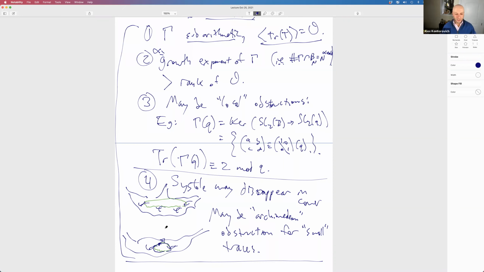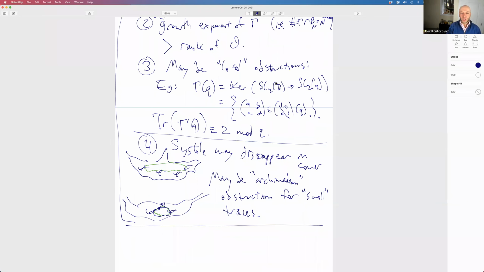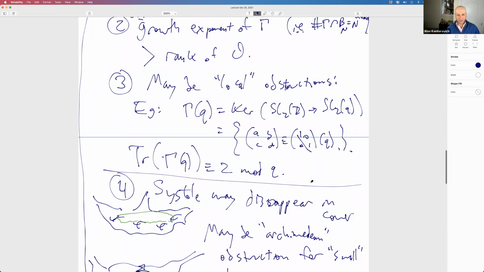So in this formulation, and by the way, because there may be local obstructions, let me make this definition here.